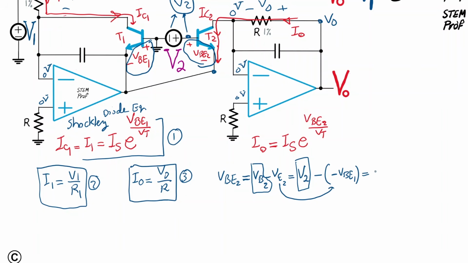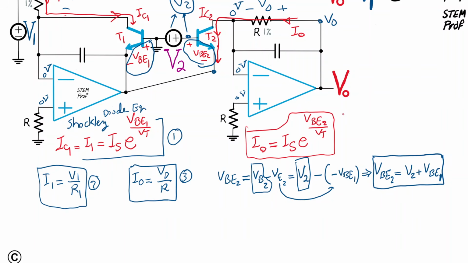So in summary, the equation I wanted to show you right now is VBE2 is simply V2 plus VBE1. Great. So that's my equation number 4. So let's for now keep this as equation 4. And let's refer to this one as equation 5.